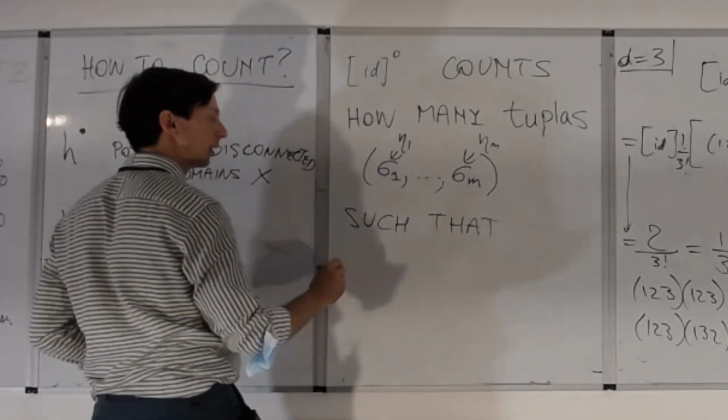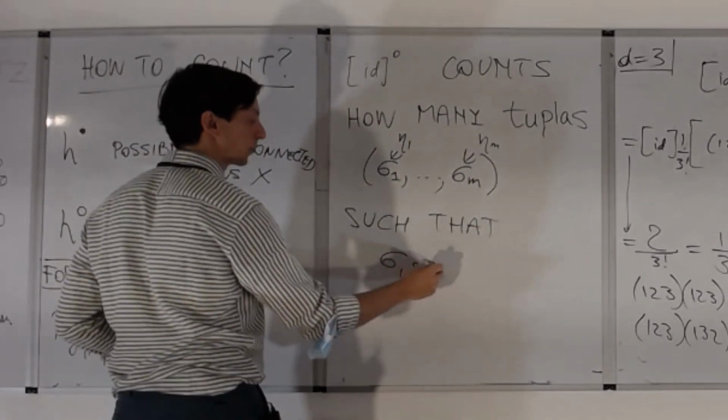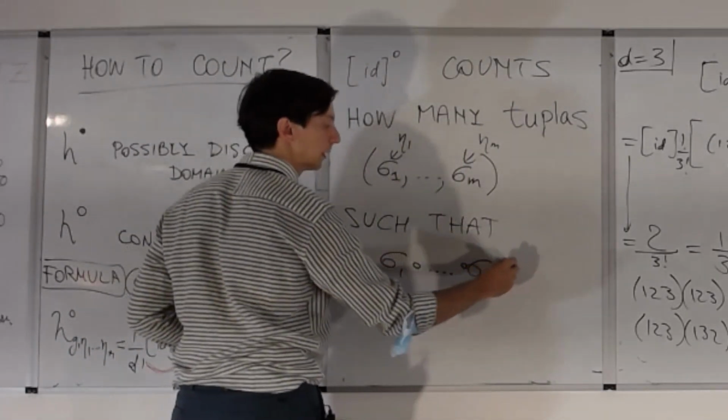As always, such that sigma 1 composed blah, blah, blah, composed sigma m is the identity, right?